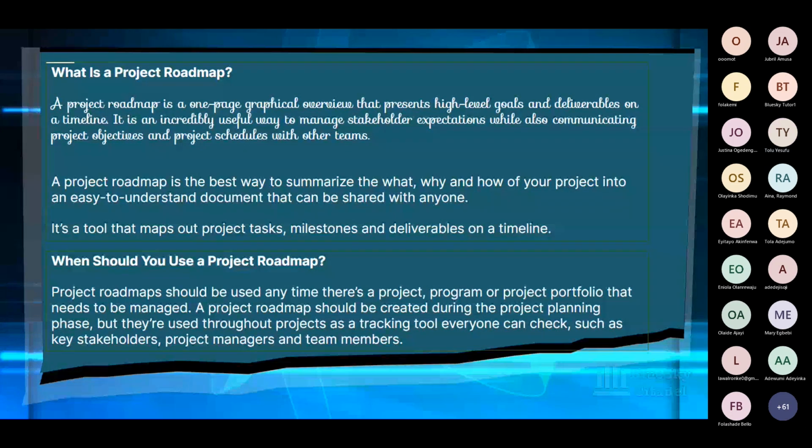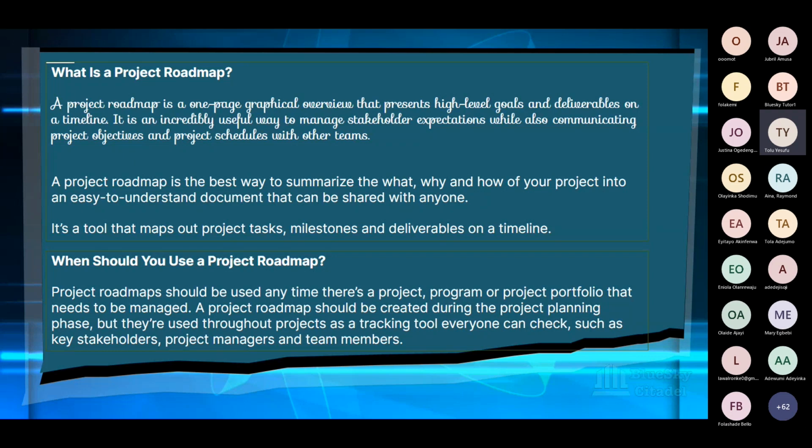Thank you. So remember that I said that a product roadmap is sort of like a high level plan. It summarizes the what are we doing, the why are we doing this, and the how do we plan to accomplish this objective.